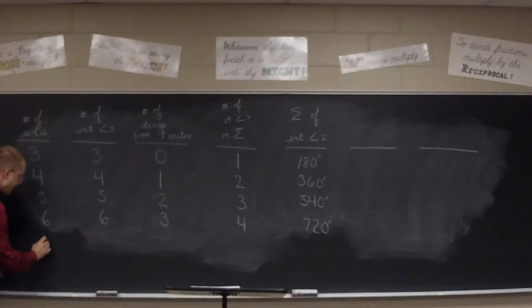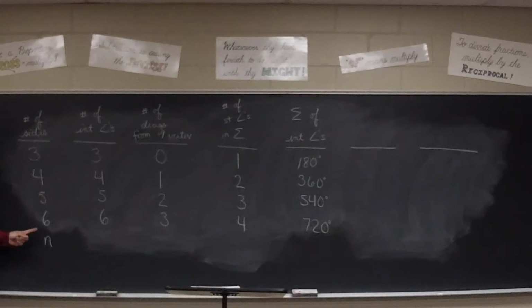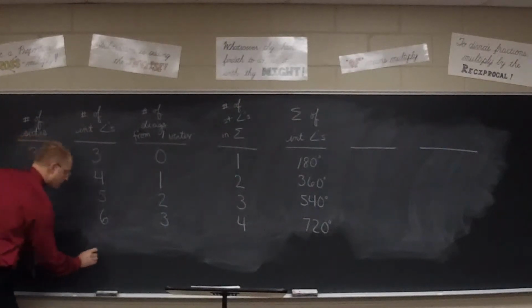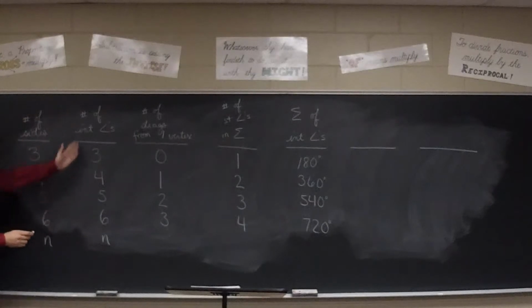Let's just say we had n sides. We'll represent it algebraically. How many angles would be in a polygon of n sides? n angles. The number of sides and the number of angles match. How many diagonals could we draw from a single vertex if the polygon had n sides?